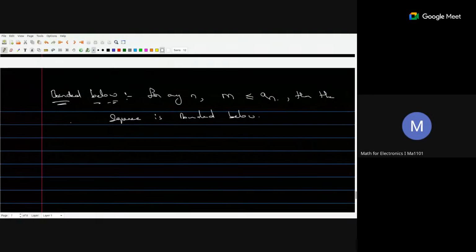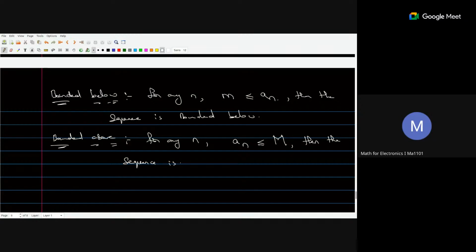So if it is bounded below, it is this. Bounded above means for any n I have an less than or equal to this capital M, then the sequence is bounded above.